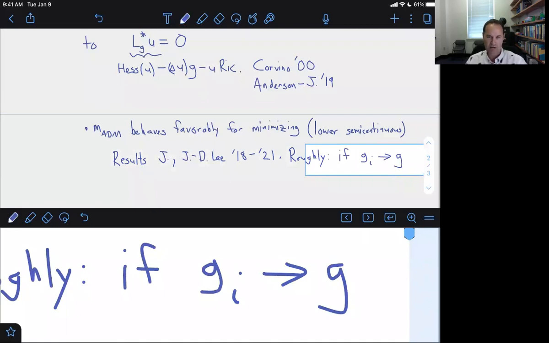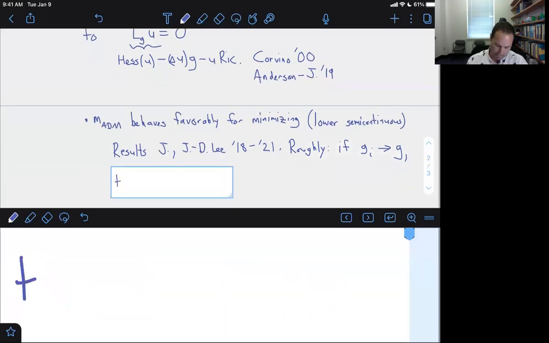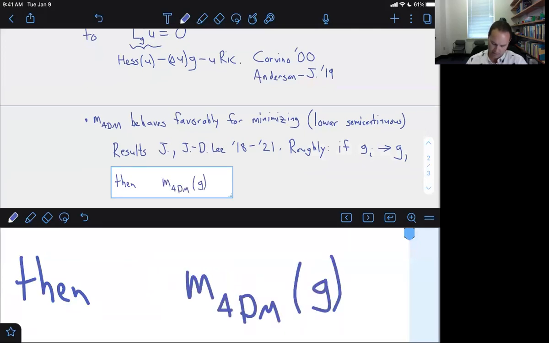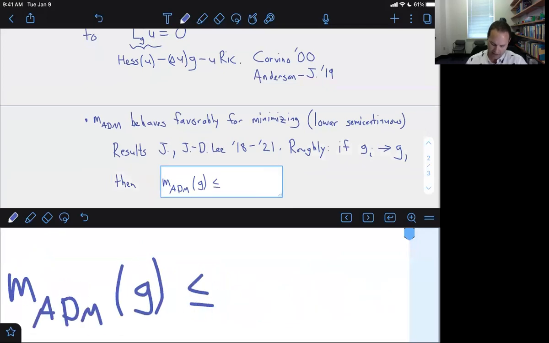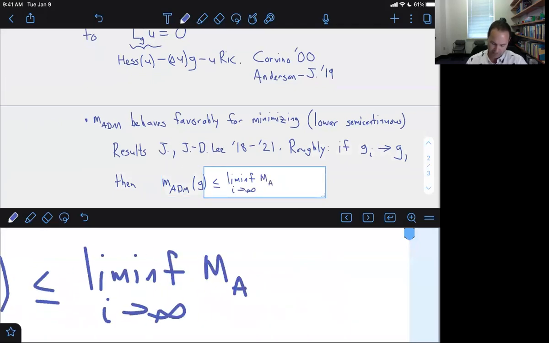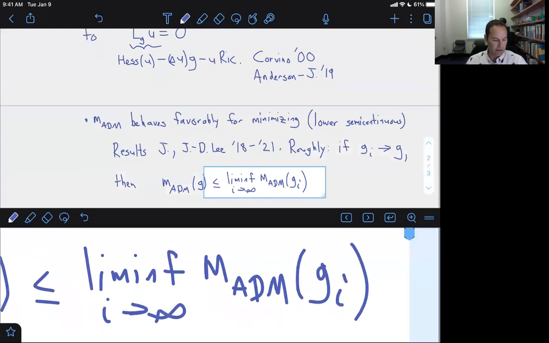To start off, let's say you have metrics that are converging, they're asymptotically flat, with non-negative scalar curvature. Then you actually get that the ADM mass of the limit is bounded above by the limit of the masses. This is the direction you get for lower semi-continuity. So you get a statement like this.